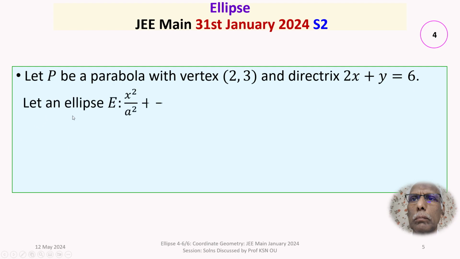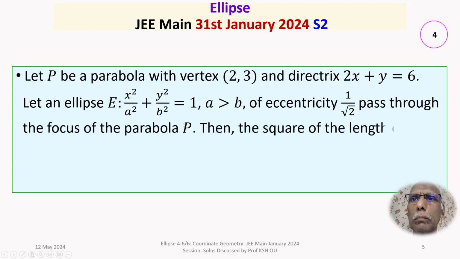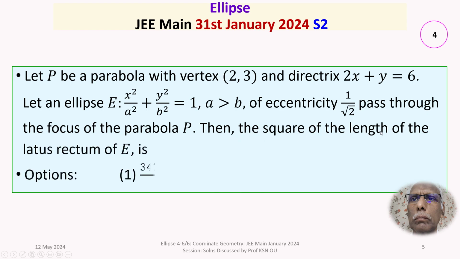Let an ellipse E given by x²/a² + y²/b² = 1, where a > b, of eccentricity 1/√2, pass through the focus of the parabola P. Then the square of the length of the latus rectum of the ellipse E is. We are given 4 options.